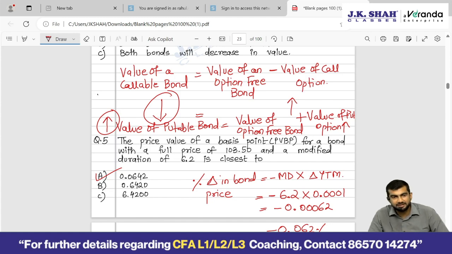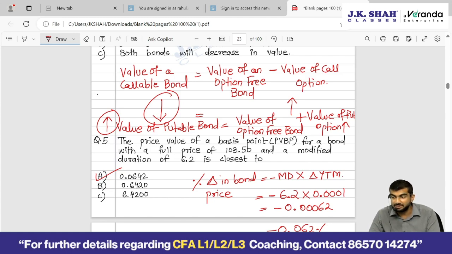And always the price change is calculated from current price, whatever it is trading at. So it's trading at 103.5, so I applied the percentage on that. Okay, fine. It is okay, but I prefer doing it this way so that chances of going wrong are less.